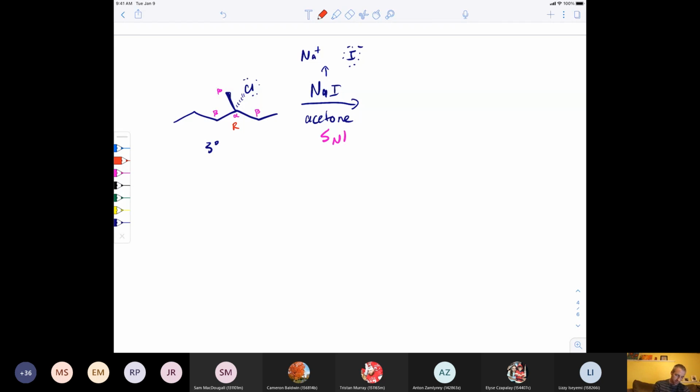So the first step of an SN1 is formation of the cation. The chloride just pops off, and you're left with the carbocation plus, and then Cl minus. I want you to pay close attention to the way I've drawn this. I've drawn it with all just normal straight bonds.